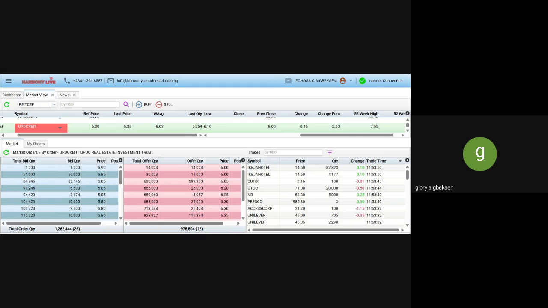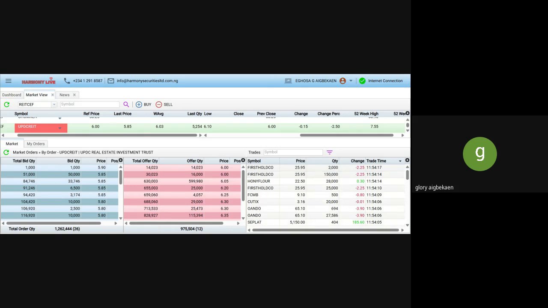That's 7.6%. Take out your charges, you may do like 3 or 3 point something percent. You may wonder whether it is worth the risk. But I tell you, in that space, there's no risk.